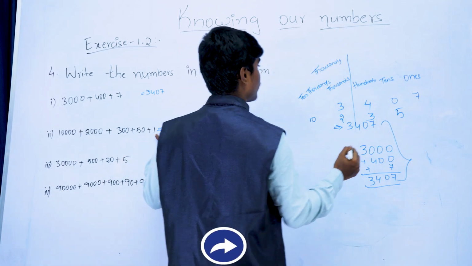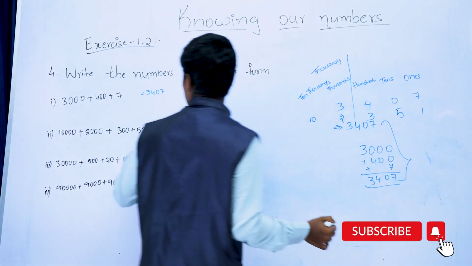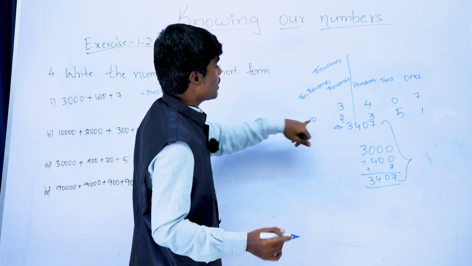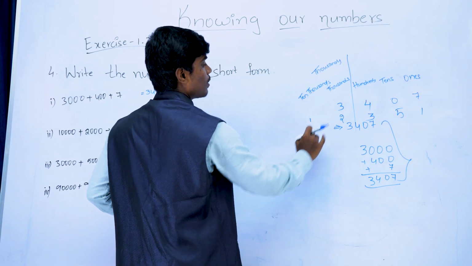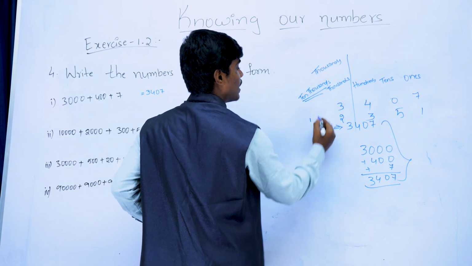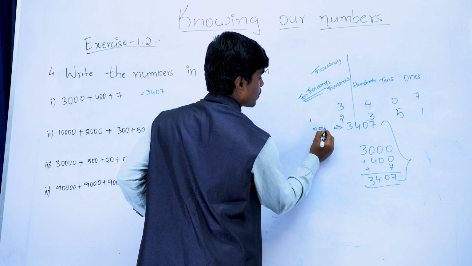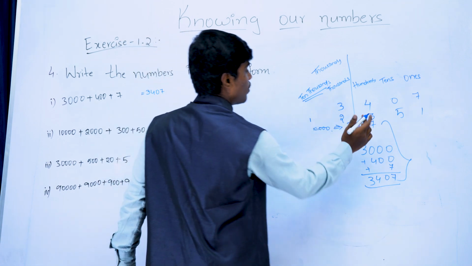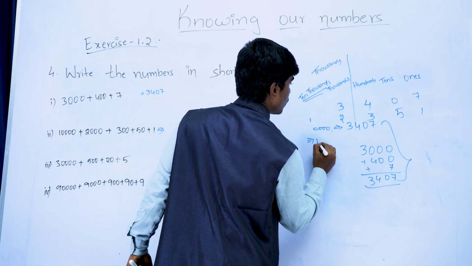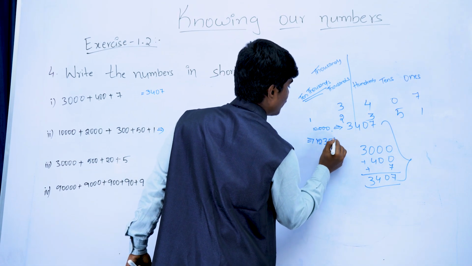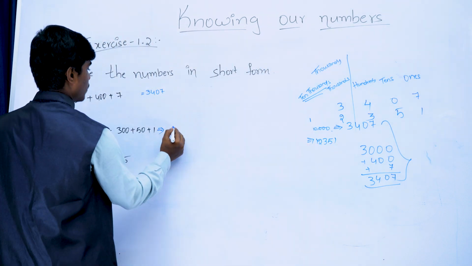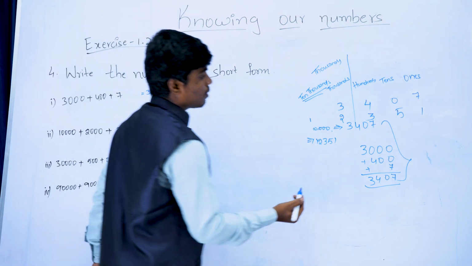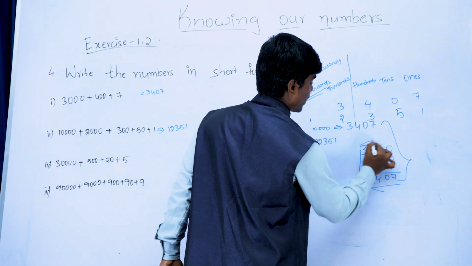In tens place and in ones place we have to write 1. See, here he gave 10,000s, which means in 10,000s place we have to write only 1, as the place value is already 10,000. So we have to write 1. Now the short form is 12,351.